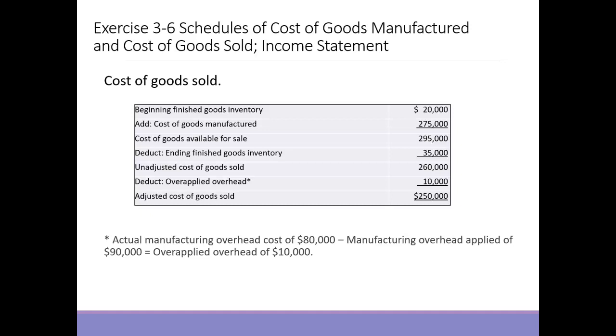Therefore, we are showing our adjusted cost of goods sold are only 250, not 260, because we assigned more cost to our cost of goods sold than really was there. Okay?